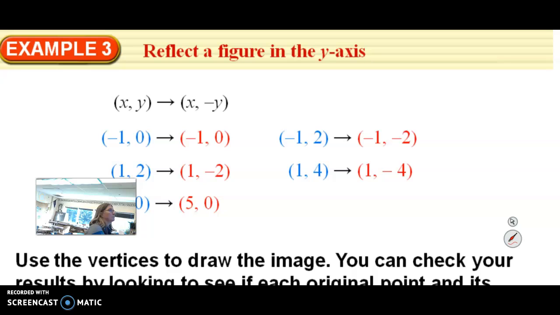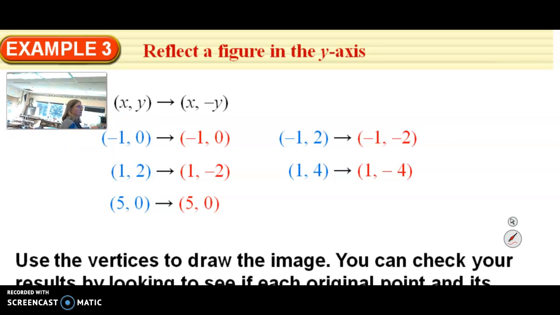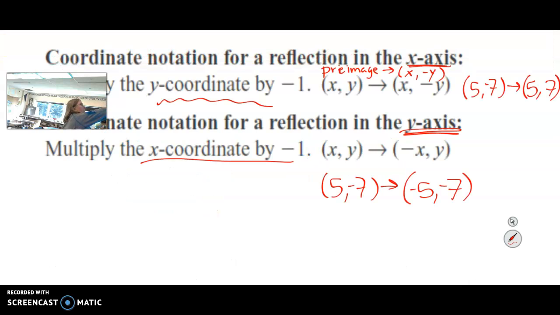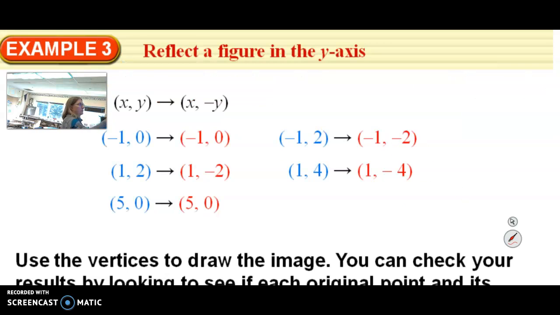Okay, so let's reflect a figure in the y-axis. If you have the points in blue and you want to figure out what their reflection coordinates would be, the notation that we're using is, if it's a reflection in the y-axis, your (x, y) values now become (x, -y). So -1, 0 would stay -1, 0 because the opposite of 0 is still 0.